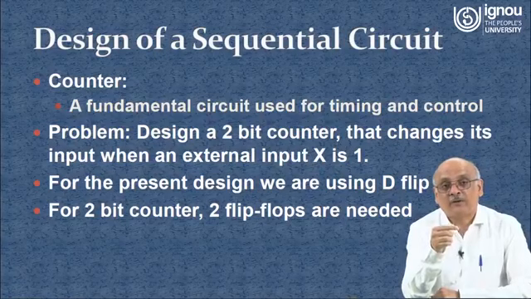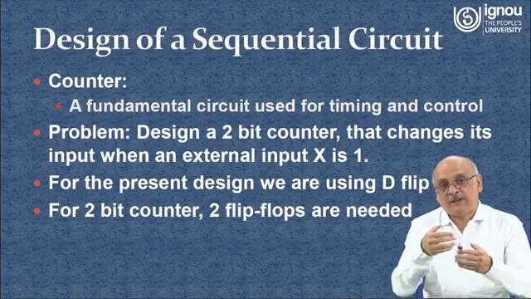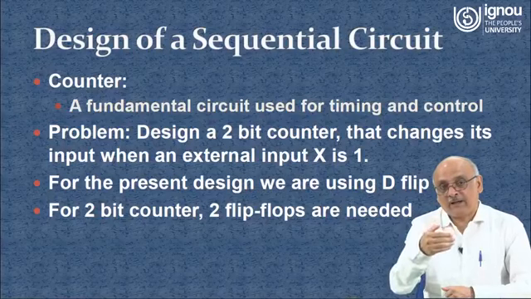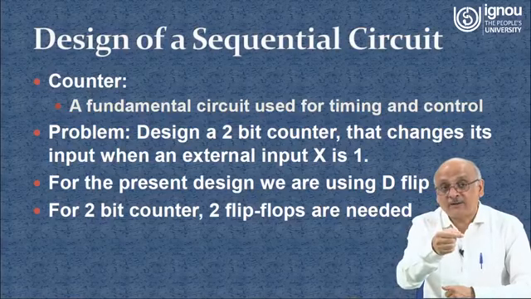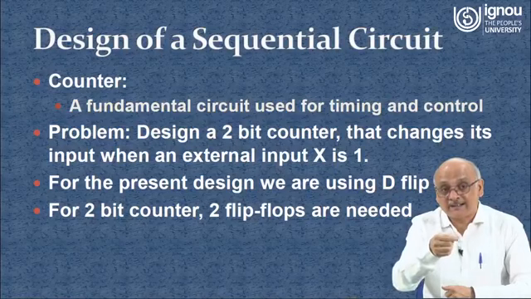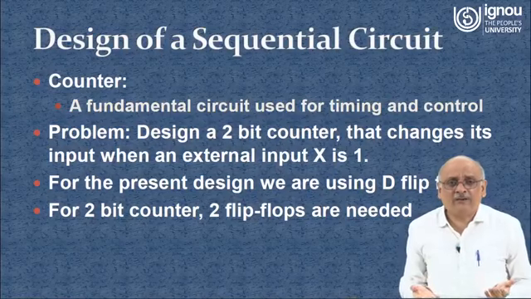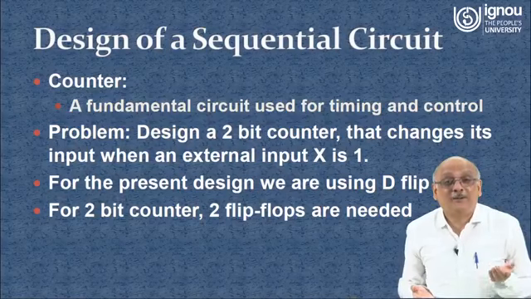So what happens is that there is a typical sequence when we execute instructions: the first step should be executed first, then step 2, step 3. What are we talking about? We are talking about a counter. Who is going to control this? The counter is.